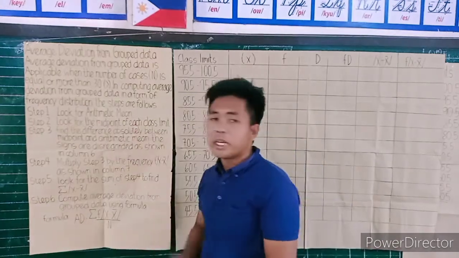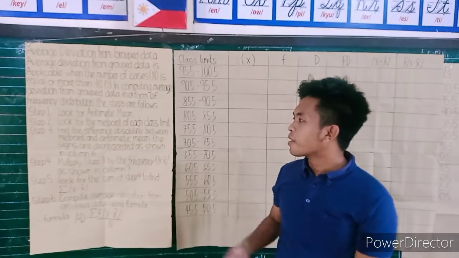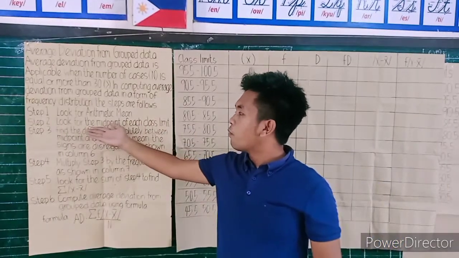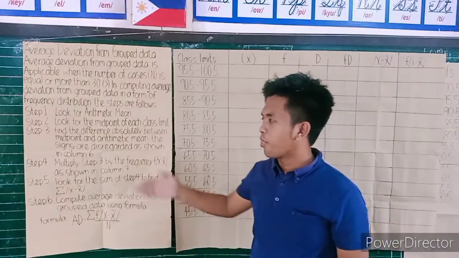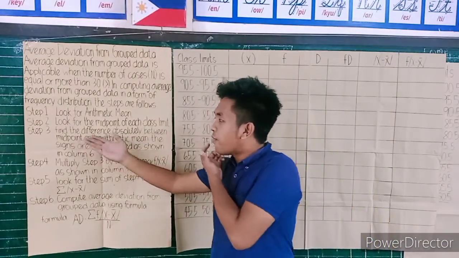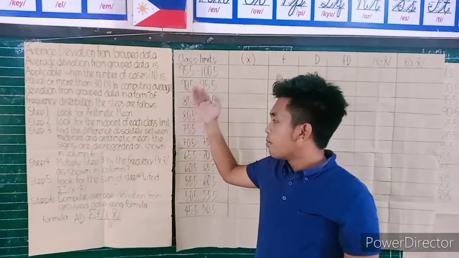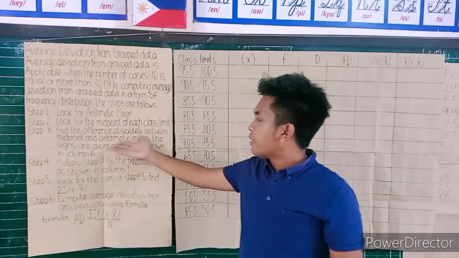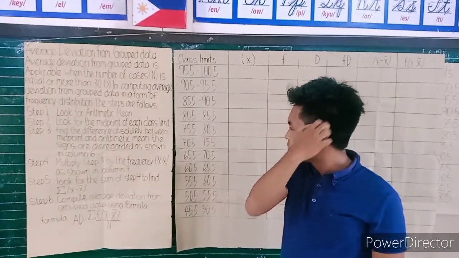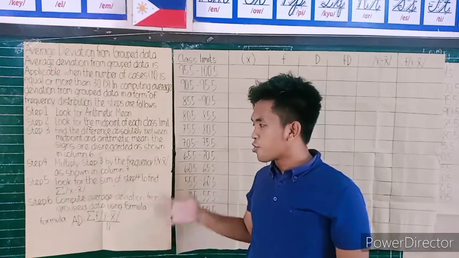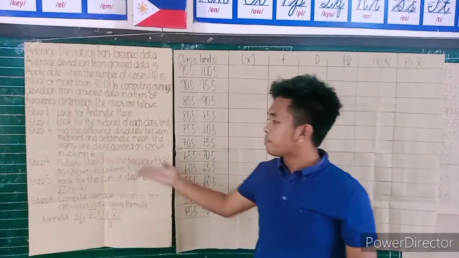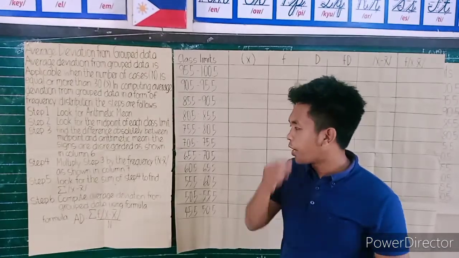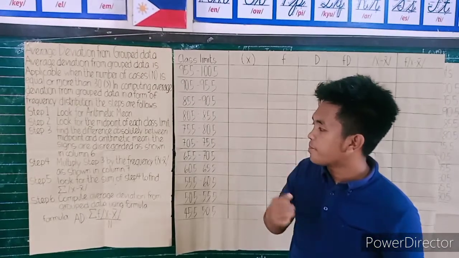First, we have to look for the arithmetic mean. Second, look for the midpoint of each class limit. Third, find the absolute differences between the midpoint and the arithmetic mean; the signs are disregarded, as shown in column 6. Fourth, multiply step 3 by the frequency, as shown in column 7.